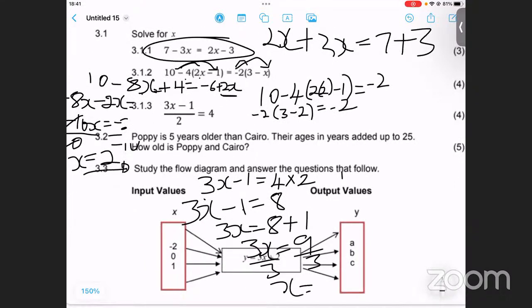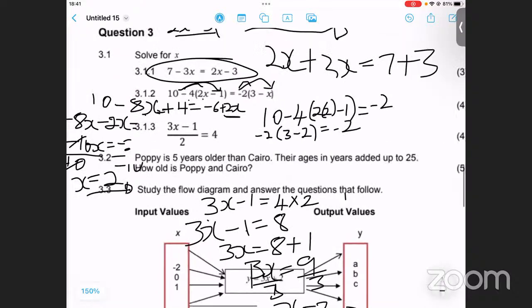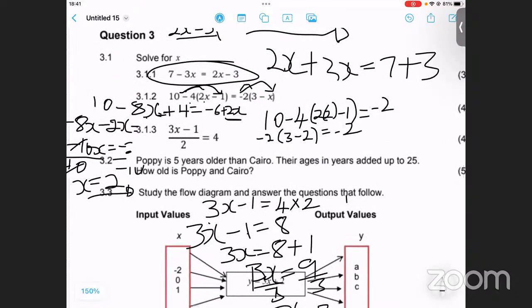Your final answer would be x is equal to 3 because this one is going to cancel that one. Now, when you try to put that on your calculator, does the value of 3 satisfy the equation?